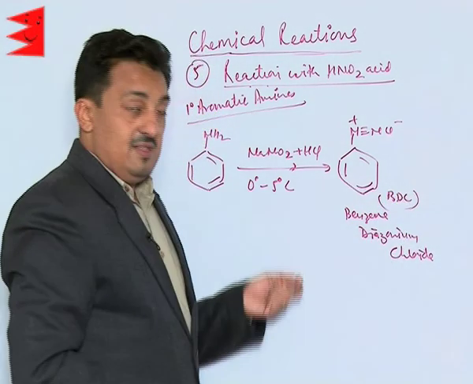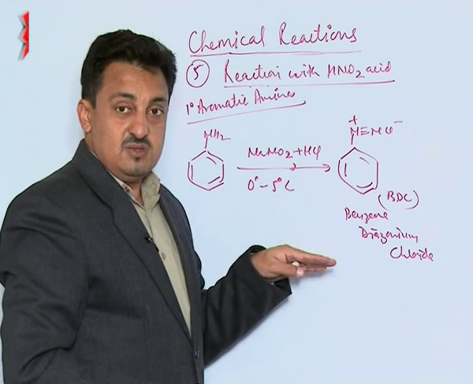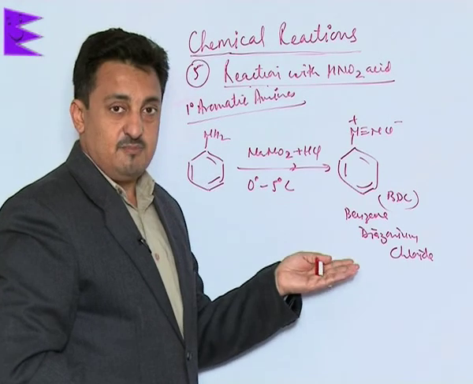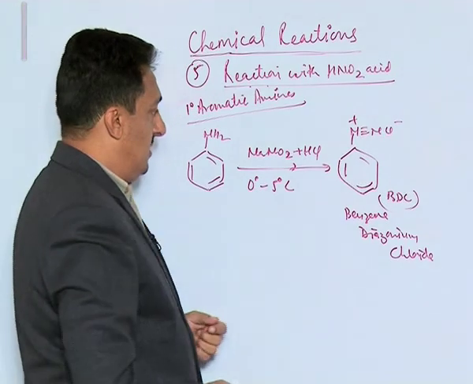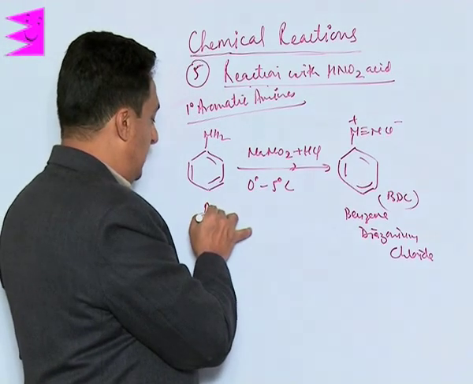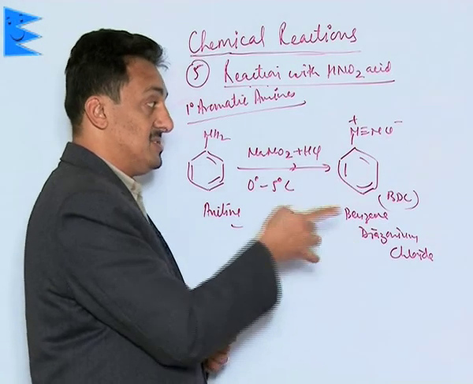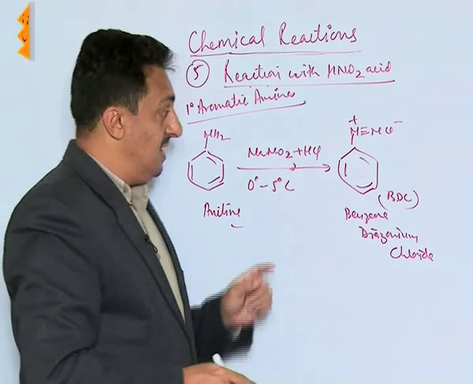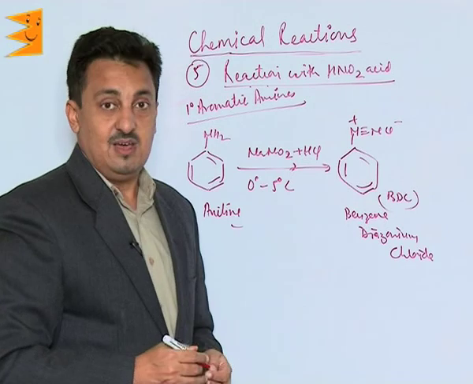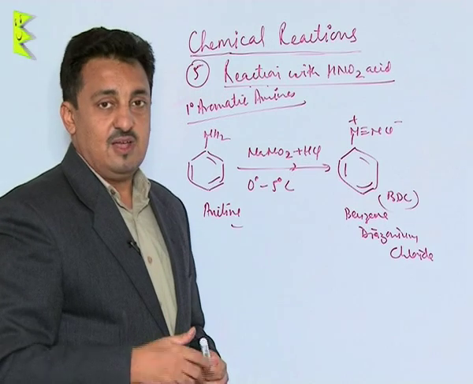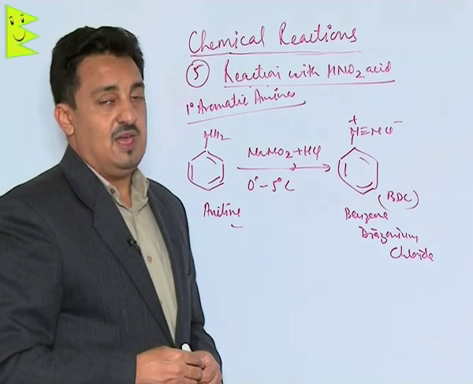This is very stable at such a low temperature and is used to prepare a number of other compounds we'll be doing later on. So what is most important is that the aniline gets converted into BDC, which is stable. Arene diazoniums are stable due to what? Resonance, whereas the alkyl diazoniums are not stable. They get hydrolyzed to the primary alcohols.